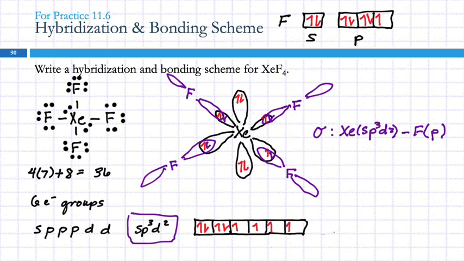I'm going to need to hybridize 6 orbitals. So I start by the elevator, and the S room has 1 bed, and I take 3 beds from the P room, and I'm going to need to take 2 from the D room. So I'm taking some walls out and putting in a new wall, and I'm making one big room with 6 beds in it. Hybridized orbitals. Does that help?